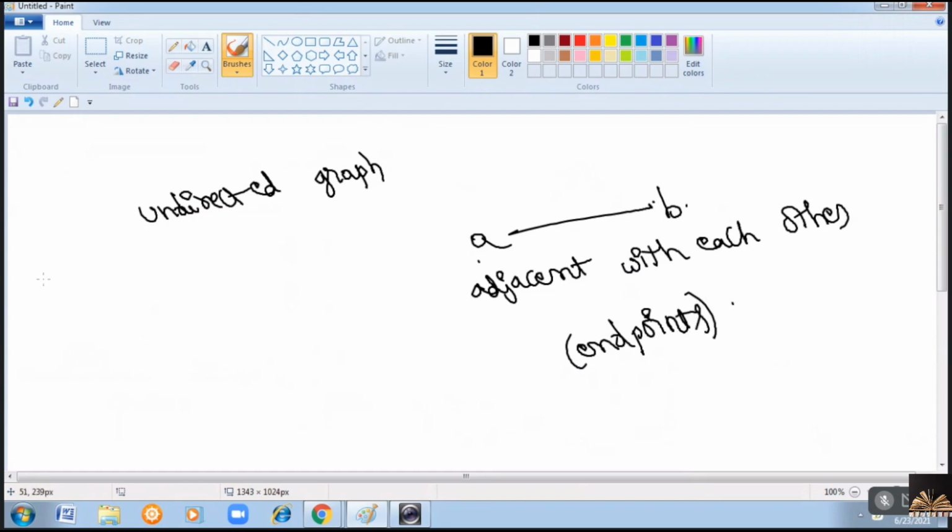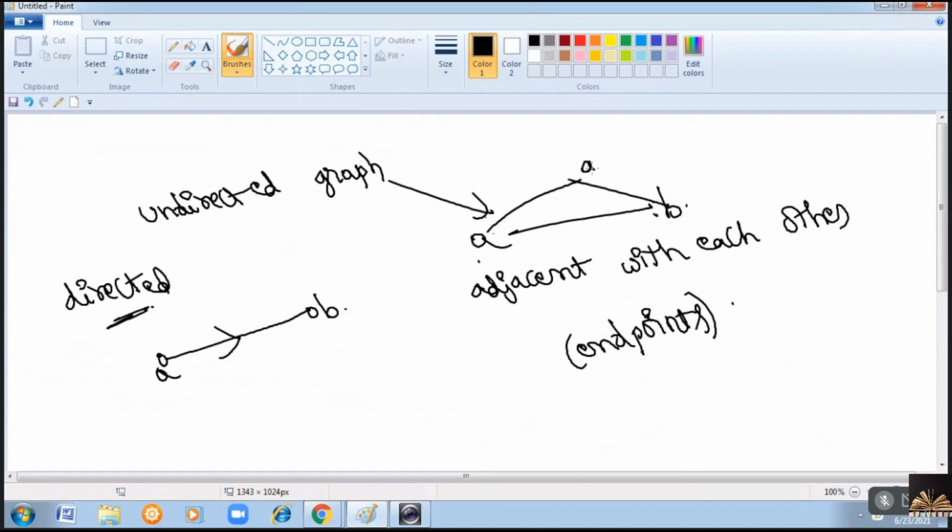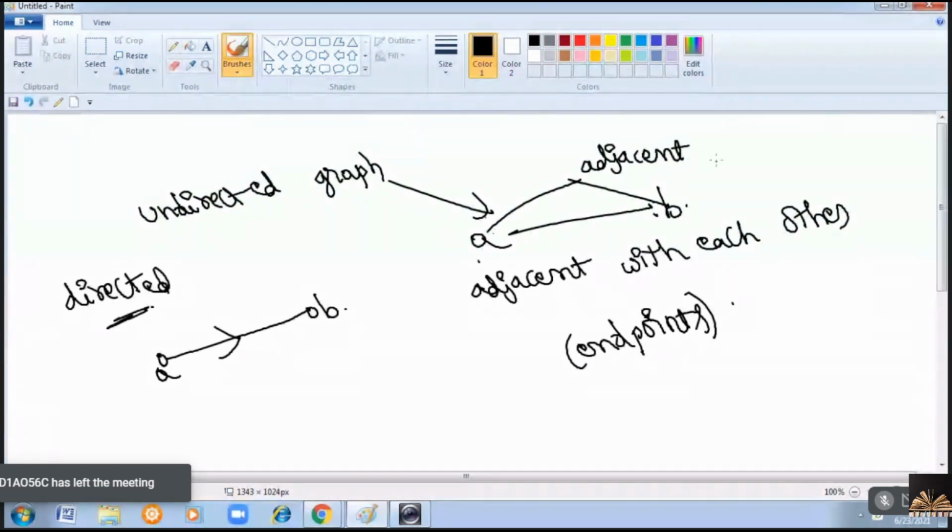Now, in case of a directed graph, if the edge is from A to B, in an undirected graph we call those two vertices adjacent with each other.